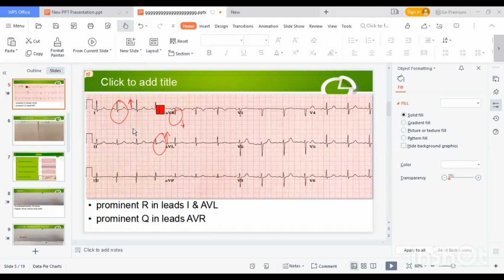I will give an explanation here on the dashboard. If we look at lead 1 and lead AVR and lead AVL, AVR looks downward and lead 1 looks upward and lead AVL looks upward.